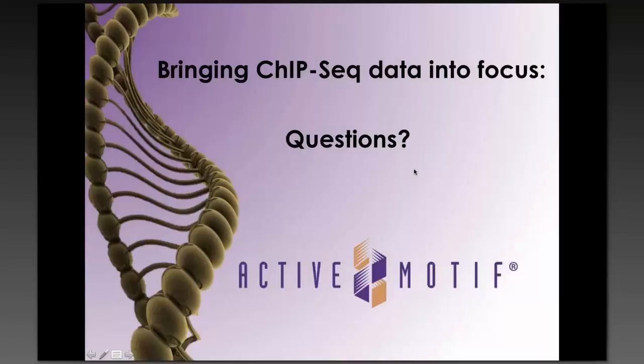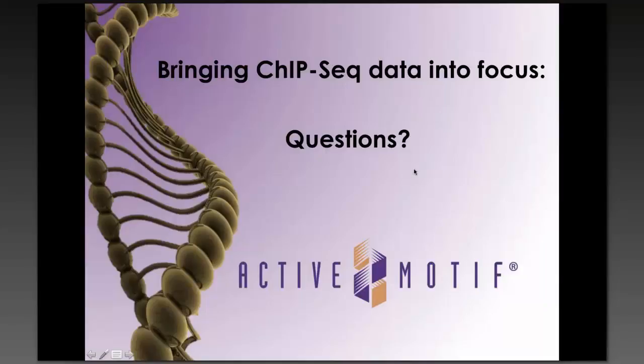For other reasons that we don't fully understand, you always get false peaks, and those often come through in the input as well. And the IgG, you're being somewhat selective in what you're pulling down, and it just doesn't translate as well for normalizing against the things we're trying to normalize out. So we don't use IgG as a control.